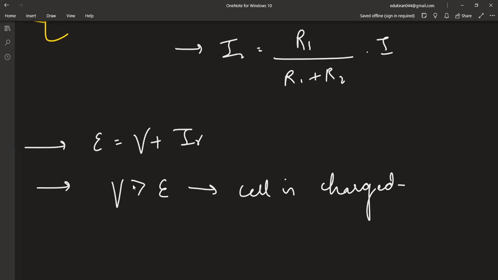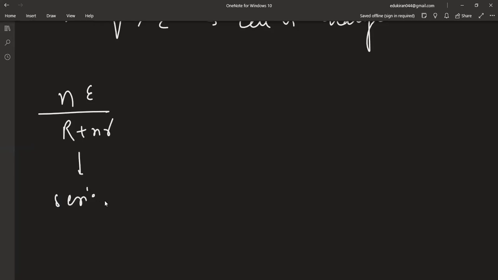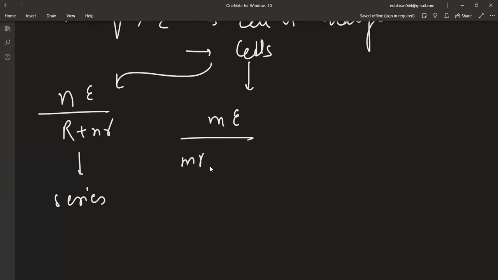Then cells in parallel, cells in series and mixed grouping, that we also discussed. nE by R plus nr was for cells in series. Then we had seen mE by R plus r, or mr, for parallel.